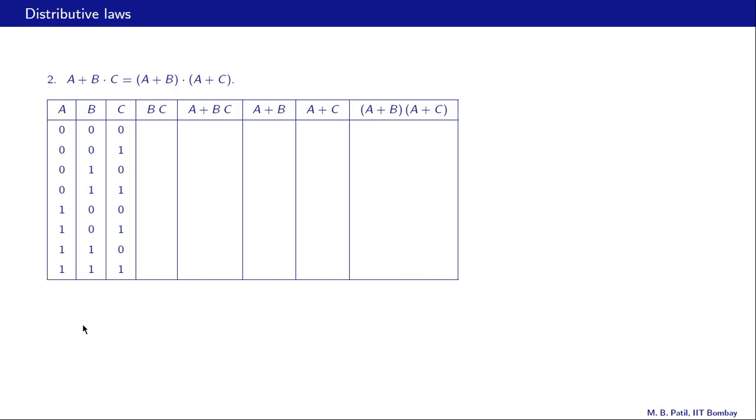Here is the other distributive law, that is A plus BC is equal to (A plus B) and (A plus C). And this looks a little different than the distributive law that we are used to in our normal algebra. And in fact, this follows by the principle of duality from the first distributive law, which we looked at in the last slide.